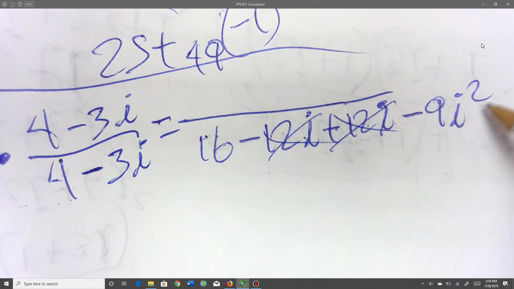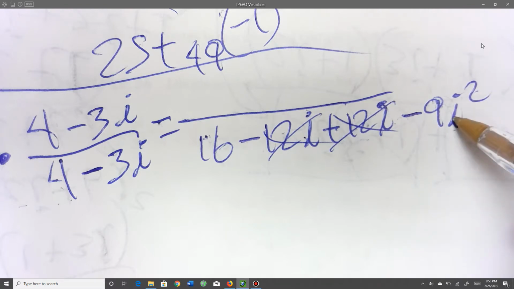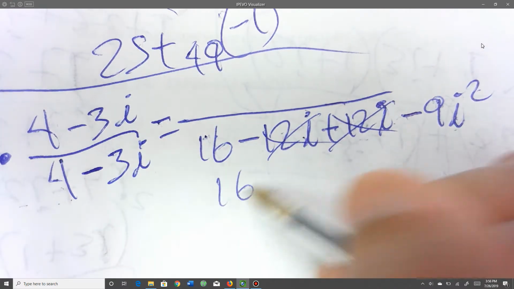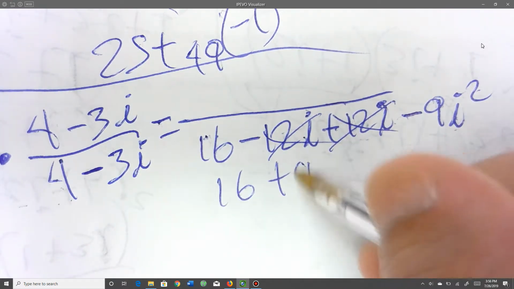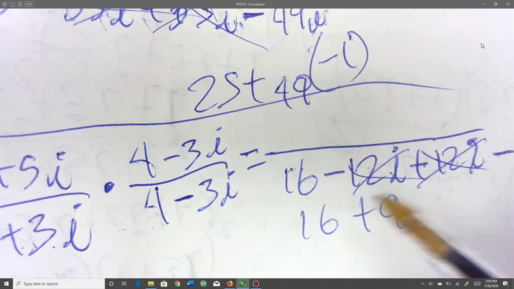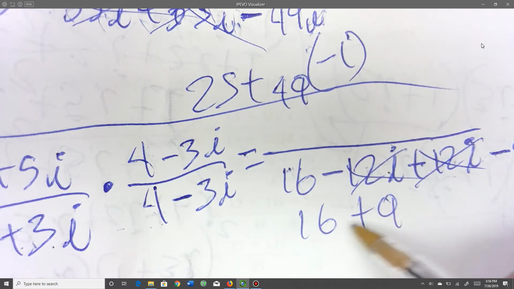Rewrite everything else, except now you have a negative 1 here. Substitute a negative 1 for the i squared. Negative 1 times a negative 9 is a positive 9. Now I'm just going to go ahead and add them up. That's 25.